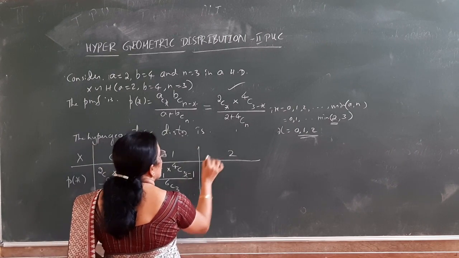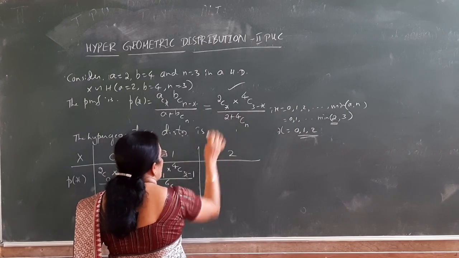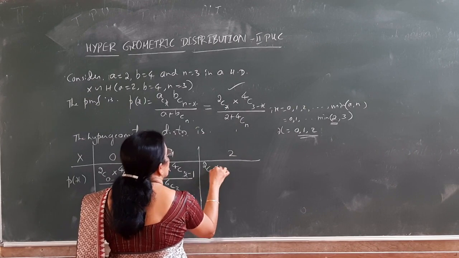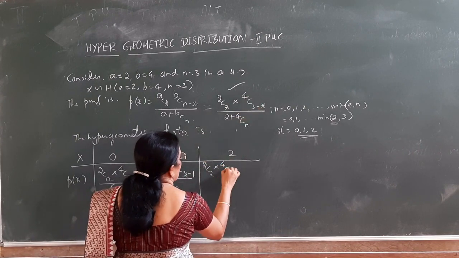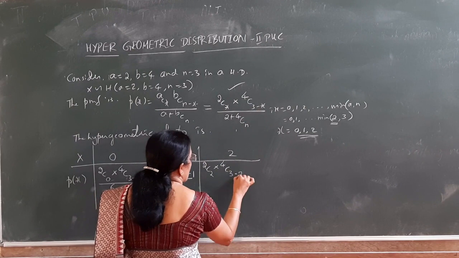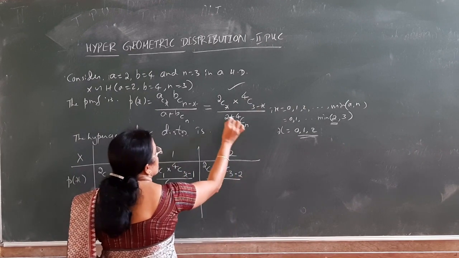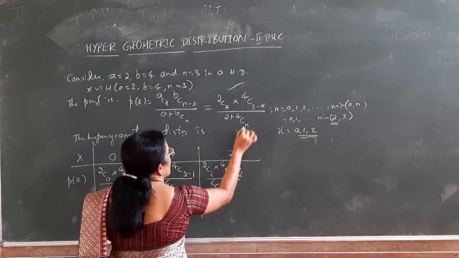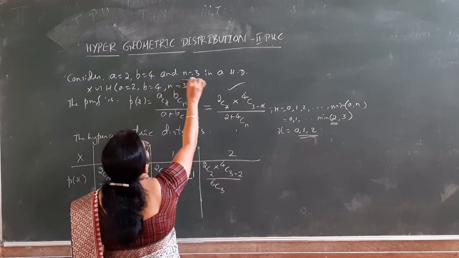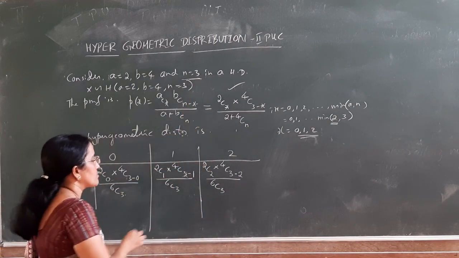Similarly put x is equal to 2: 2C2 into 4C(3 minus 2) divided by 6C3, where N is 3. Substitute the values.